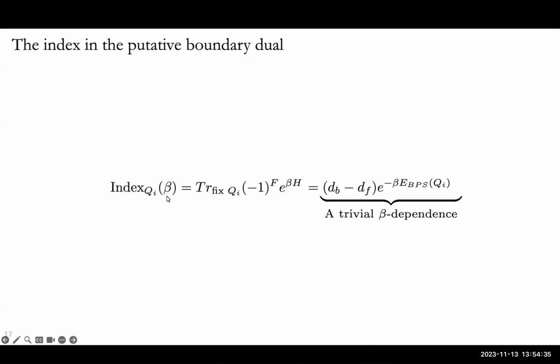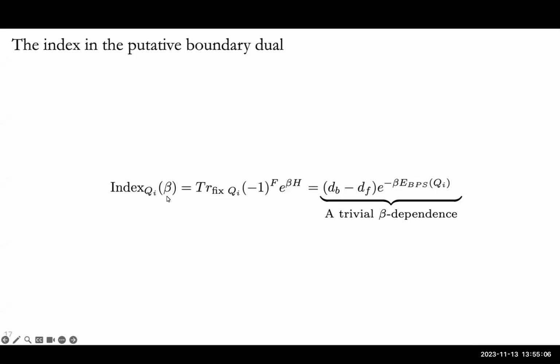The important thing that I want you to keep in mind, and this will serve as a check throughout this talk, is that indices have trivial beta dependence. Namely, the log of an index is always just linear in the inverse temperature, and the coefficient of that linear term is just given by the BPS energy of such states.